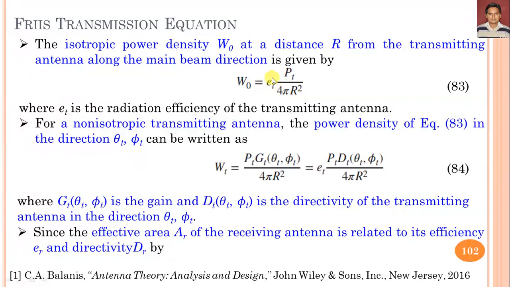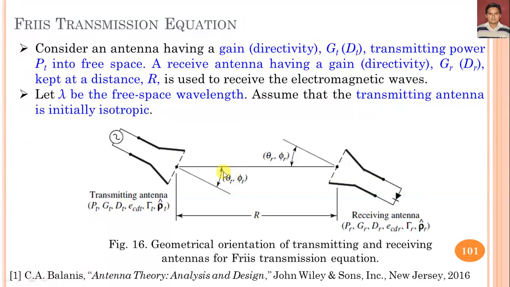Here eT is the efficiency of the transmitting antenna. This efficiency includes the radiation efficiency as well as other efficiencies, such as the I square R losses efficiency and the reflection efficiency, which we have discussed in the efficiency section of this series. And for a non-isotropic transmitting antenna, the power density in a direction theta t comma phi t, as you can see, is along the direction theta t comma phi t, with the line of sight shown.